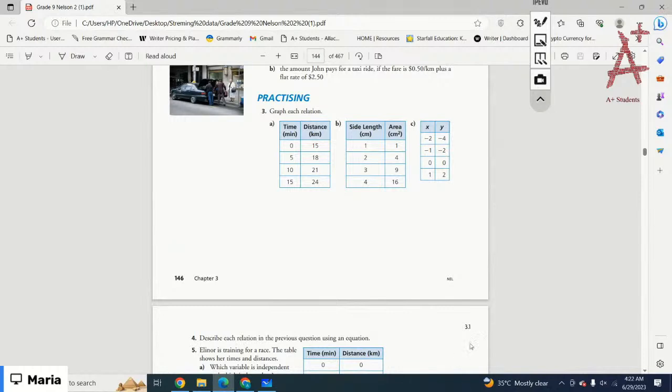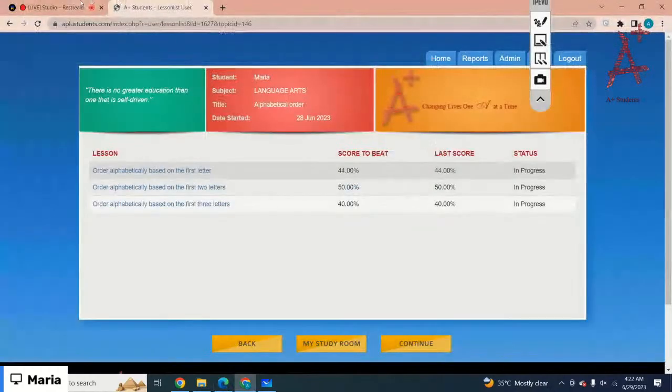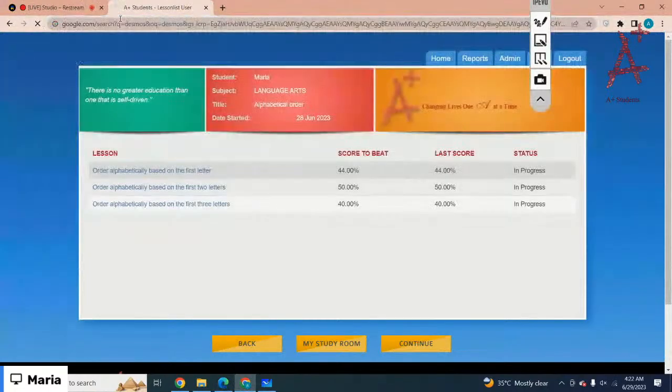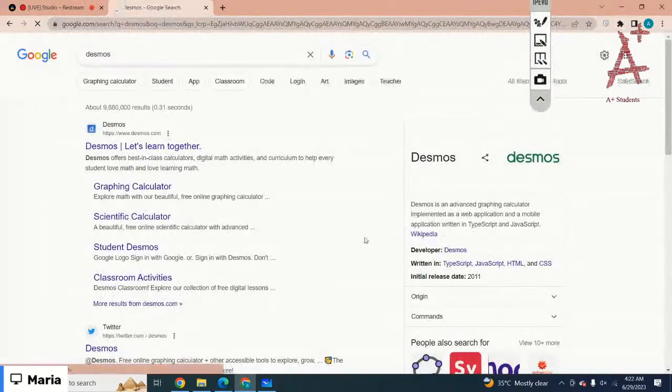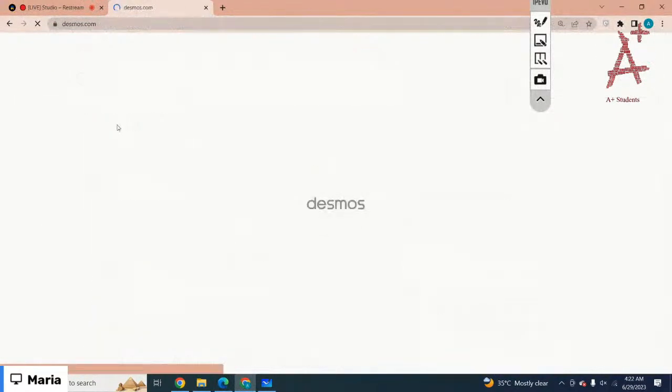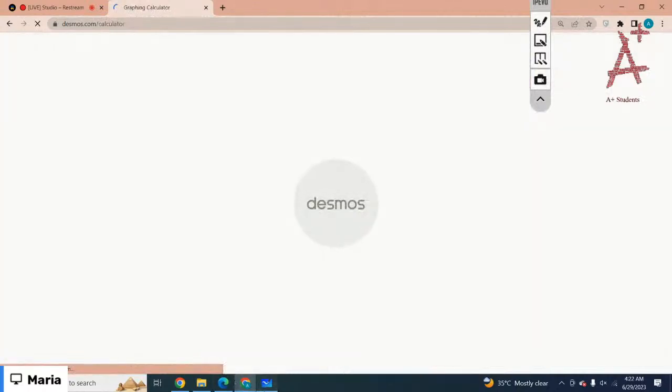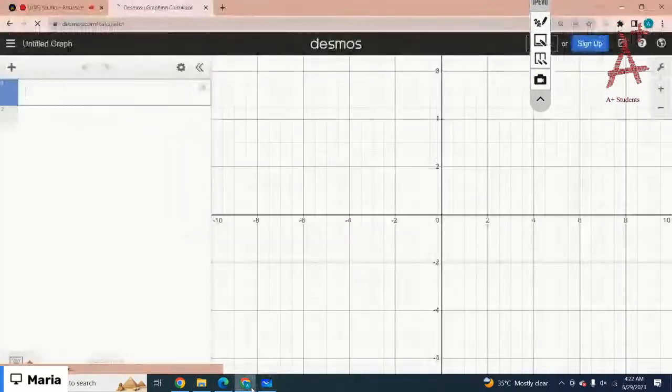Got it? I'm going to plot them on the online graphing tool. So you can use any tool, just to show you how we plot the points.